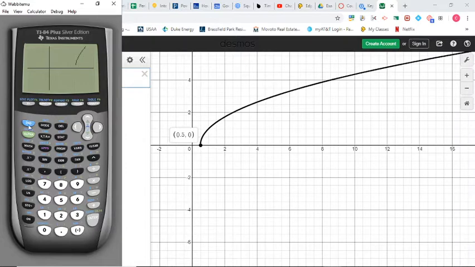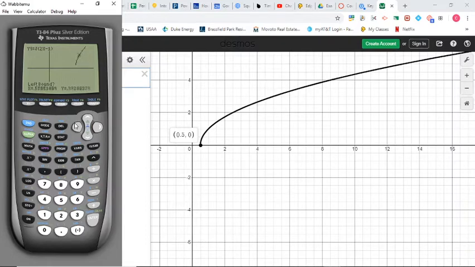But if I try to find it using the second trace button, I want to find a 0, so I hit 2. Okay, it says left bound, which currently I don't even have a point on the graph. I'm going to hit my right button until I actually get on the graph. So let's see. It's going to take a little bit. Okay. So I need to be to the left of the 0. Currently my cursor is to the right of the 0.